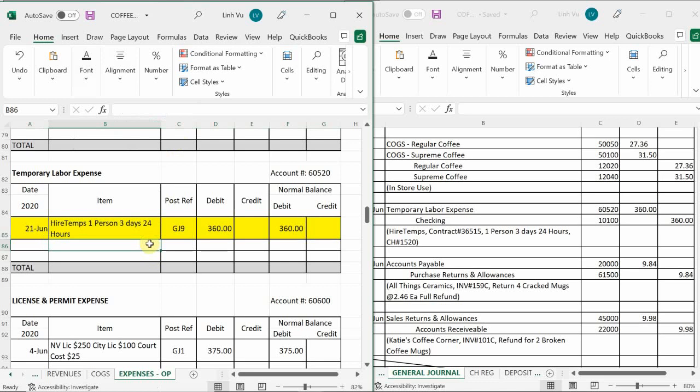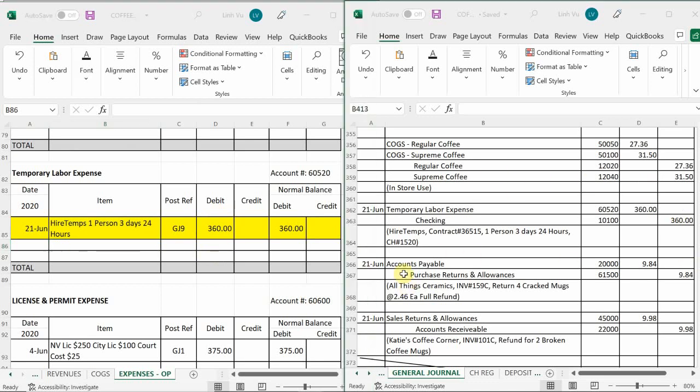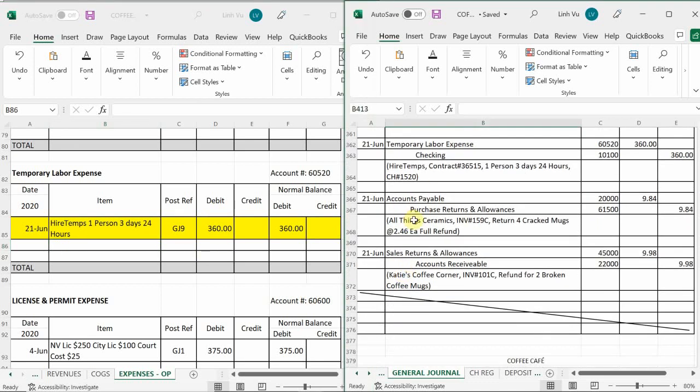Okay. And then what else? I also ended up returning some products here to do a purchase returns and allowances.